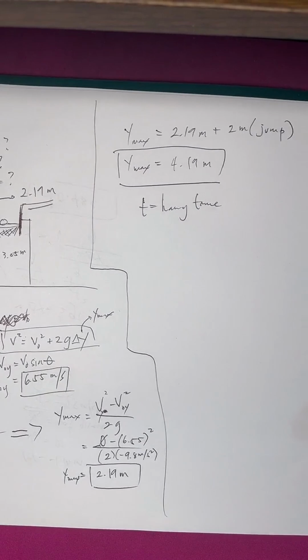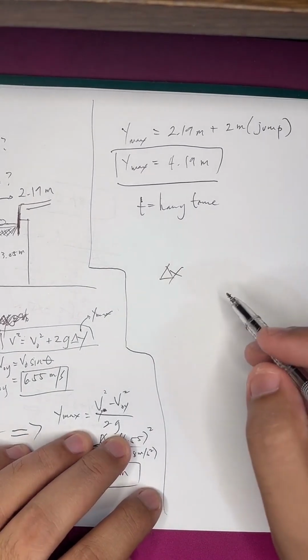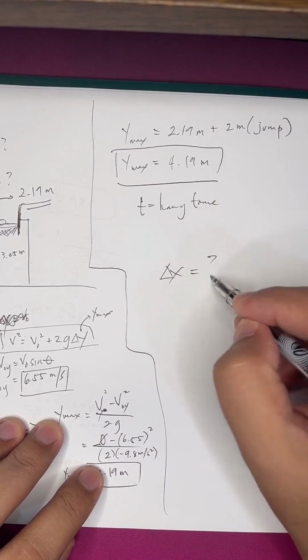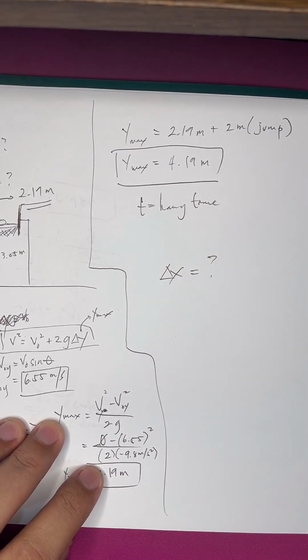To go back to the range problem, delta x would be the unknown. It's what we were looking for.